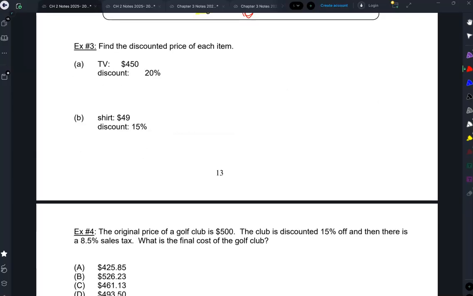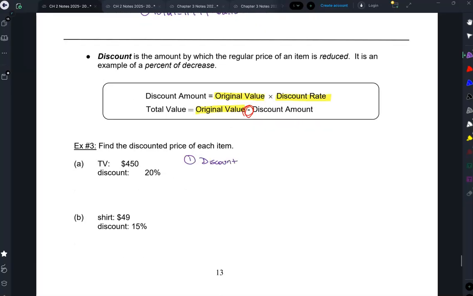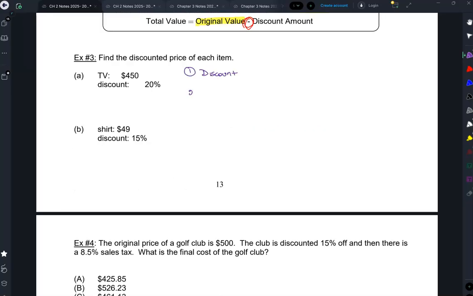The TV discounted, find the discounted price. So we have a TV. The discount is 20%. So again, 2 steps here. The first step is find the discount. You know how before I was finding the tax first, then the total? Now it's going to be the discount and then the total.